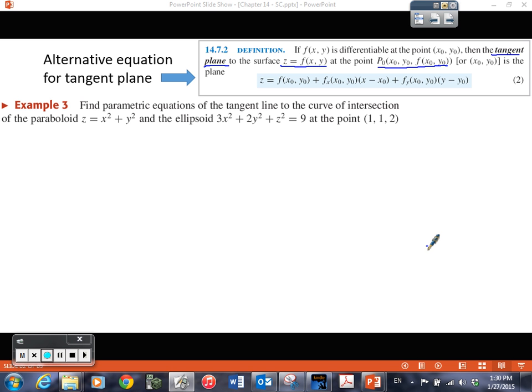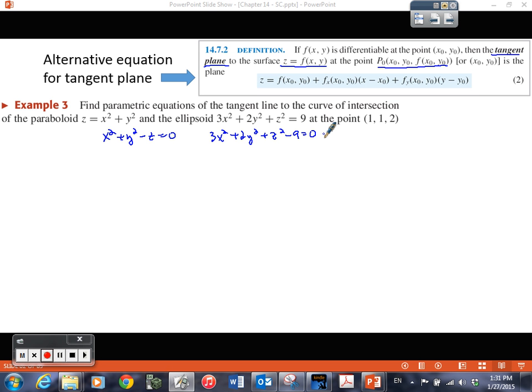They want us to find parametric equations of the tangent line to the curve of the intersection of the paraboloid and the ellipsoid at the point (1, 1, 2). The first thing I want to do is rewrite those equations so that they're equal to 0. So we have x squared plus y squared minus z equals 0, and 3x squared plus 2y squared plus z squared minus 9 equals 0.